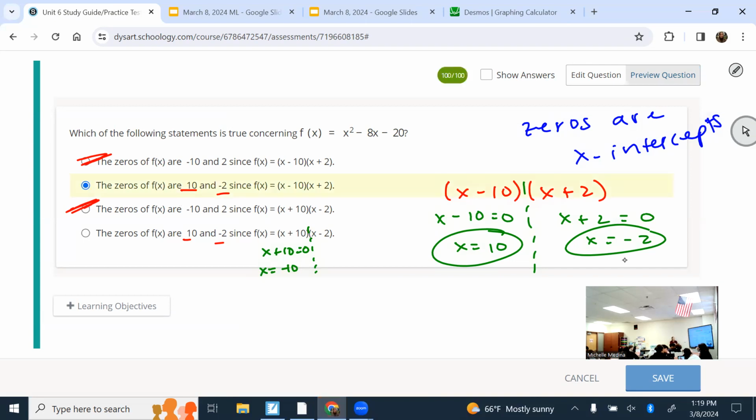Based off of that, the zeros are always opposite the signs that are in your factor form. This one over here is giving me the right zeros, but the wrong equation. It should always be opposite. Okay, questions on that?